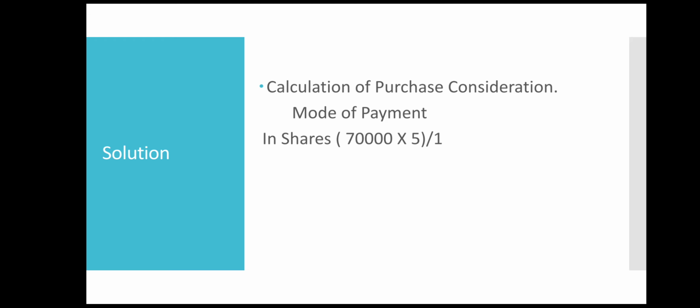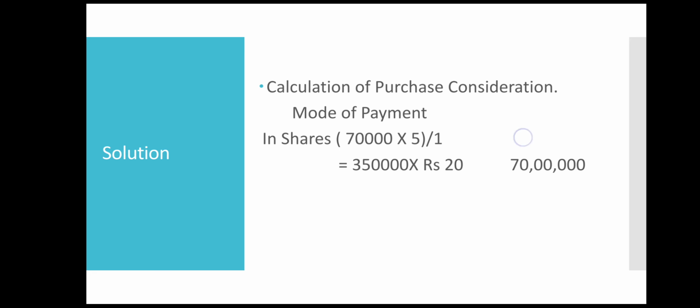So 70,000 into 5 will be 3,50,000, into 20, that will give us 70 lakhs. I hope this calculation is clear. 70,000 into 5, that will be 3,50,000 shares into rupees 20, that will amount to 70 lakhs.